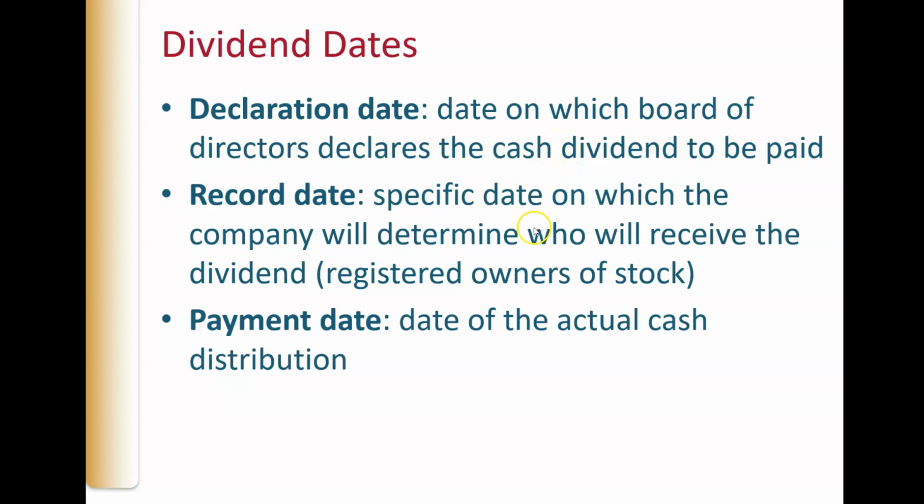Record date is the specific date the company will determine who receives the dividend, because if stocks are traded on the open market, you have to pick a date. And then the payment date. The only dates that have journal entries are the declaration date, where we debit dividends and credit dividends payable, and the payment date, where we debit dividends payable and credit cash when we actually pay it. There's no journal entry on the record date. It's simply the date we determine who gets it.